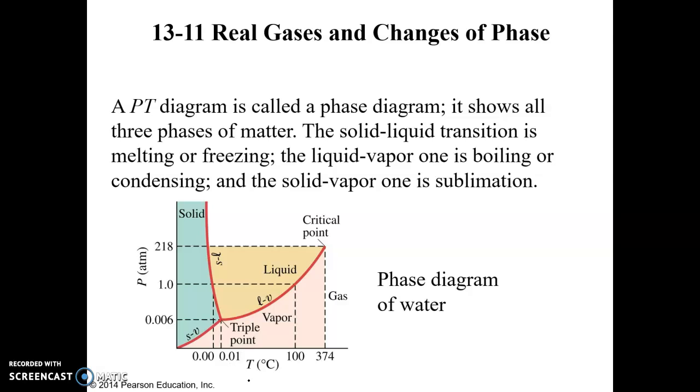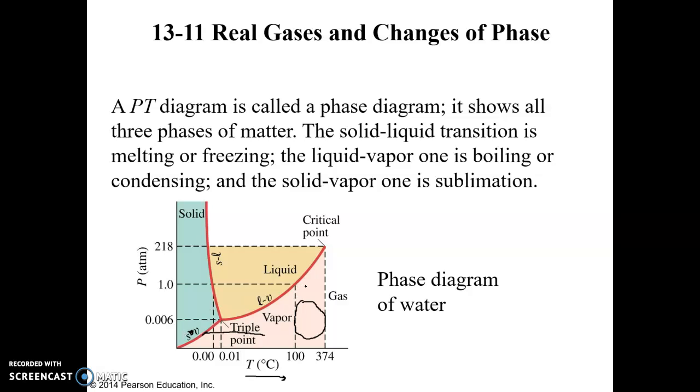So of course if you increase the temperature of water, you're more likely to cause it to turn into a gas or vapor. If you're at a pretty low pressure here, and then you reduce that temperature, you're going to cross over this line into the solid region. So you can actually at very low pressures jump right from a vapor to a solid.